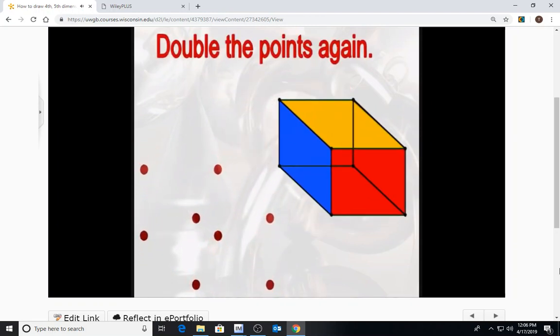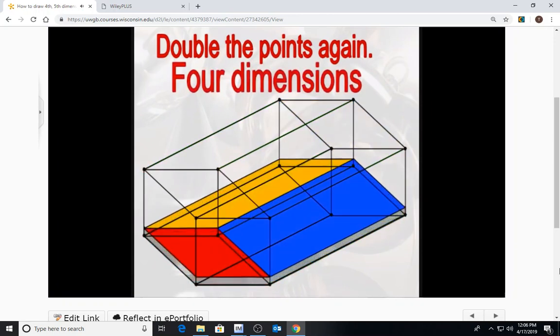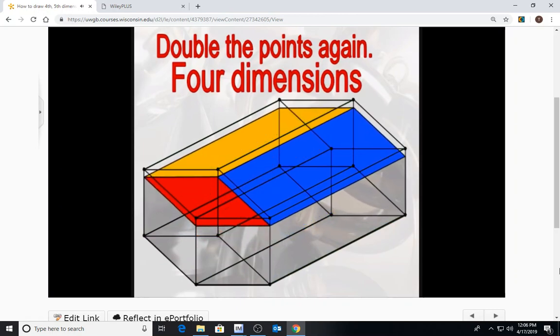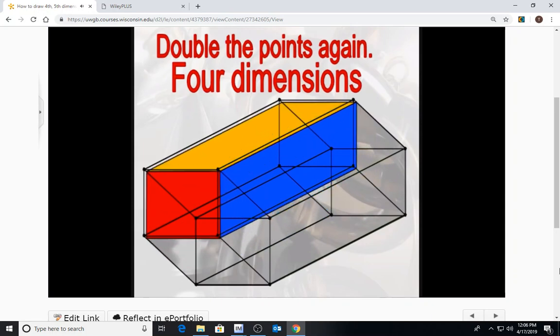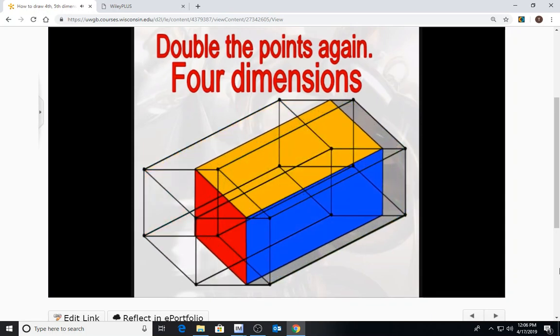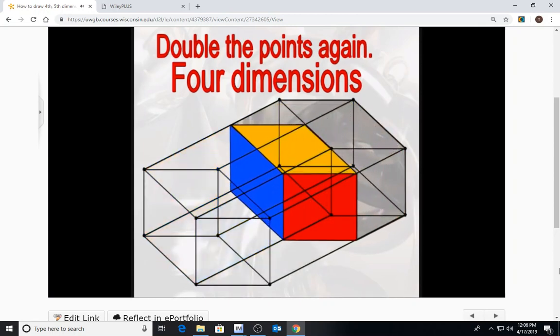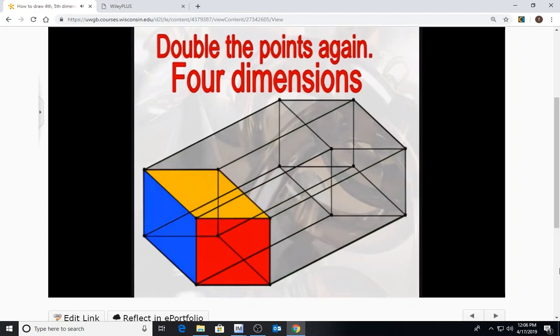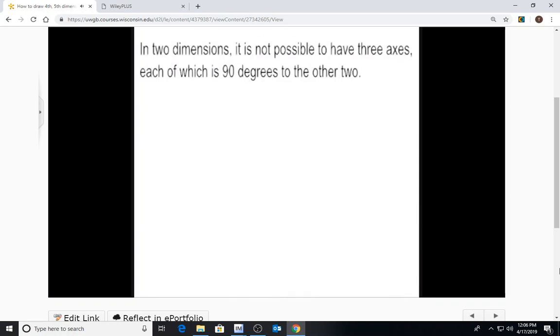Double the points yet again, and you have 4 dimensions. Skeptical? You're watching this on a flat 2-dimensional computer monitor. In 2 dimensions, it's not possible to have 3 axes, each of which is 90 degrees to the other 2.